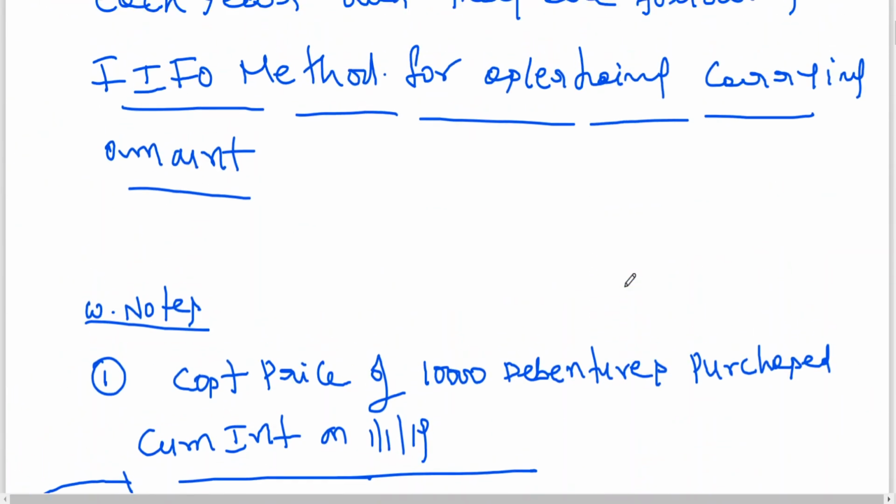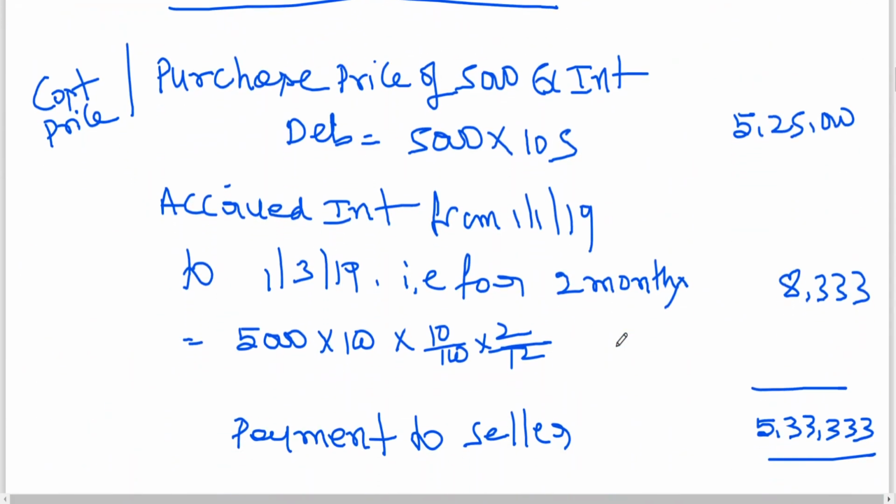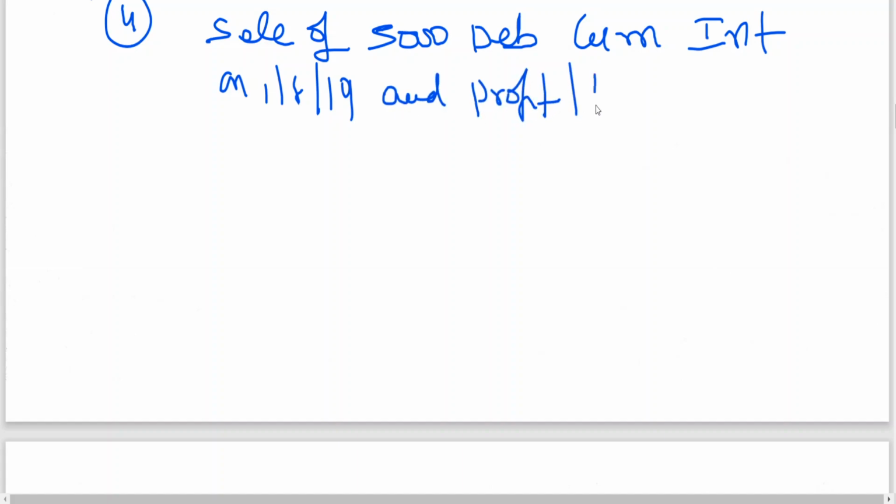Sale of 5,000 debentures, cum interest, on 1st August 19, and profit or loss on sale.